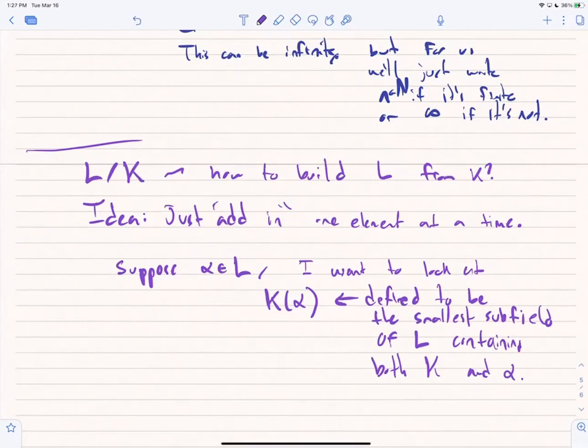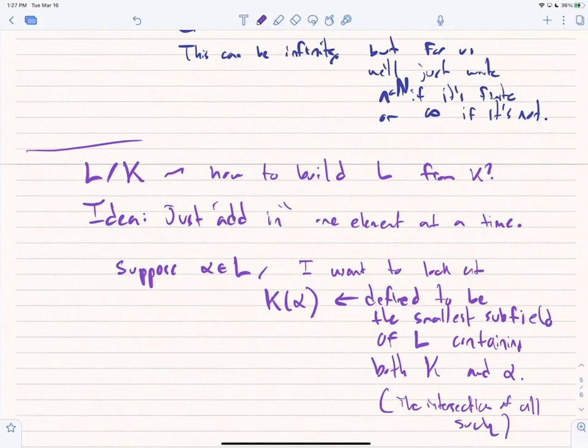For this to be a definition, you have to check that there is a smallest subfield satisfying this property. You can construct it as the intersection of all such. If you take the intersection of all subfields of L that contain both the field K and this element alpha, it's pretty easy to check that that's still a field.